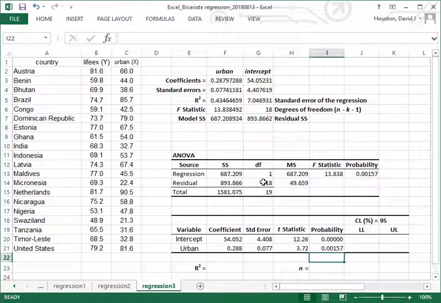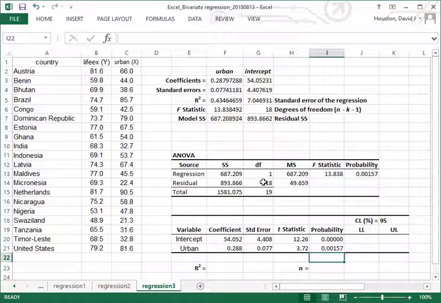You notice the probability value for the F statistic and for the urban variable coefficient are identical, 0.00157. And what we see, this will always be the case when we have a bivariate regression, that the F statistic as well as the t statistic probability values should be identical.